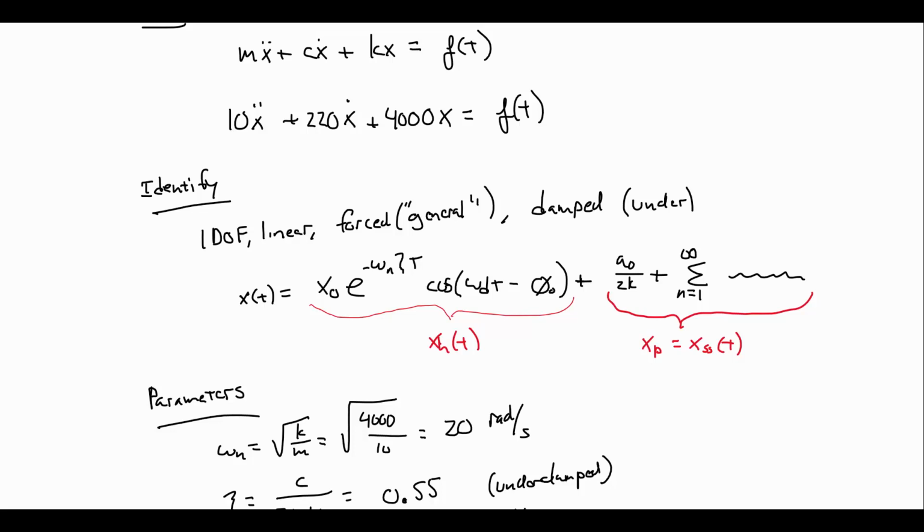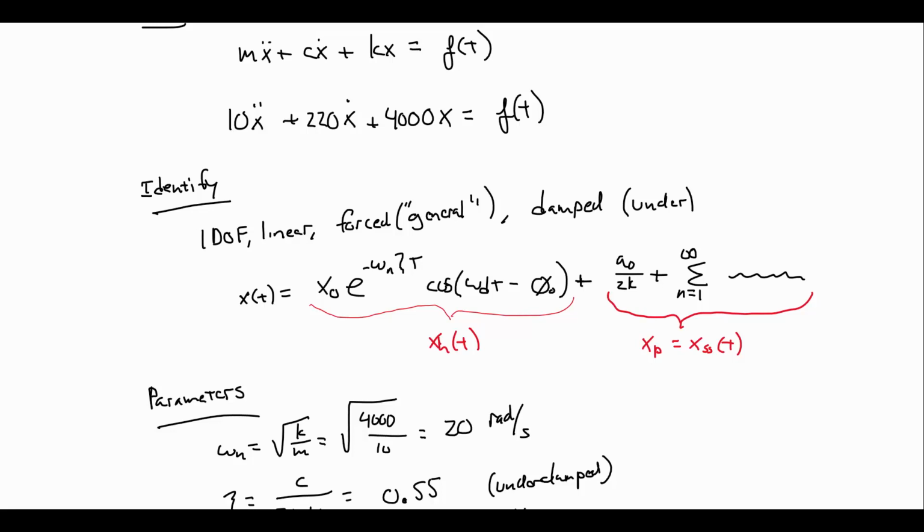Now, because the particular solution is convergent, there's going to come a point where we keep adding terms and it should barely affect what the particular part of the solution is, or the steady state part of the solution is. So it should then barely affect the value of x naught and phi naught.